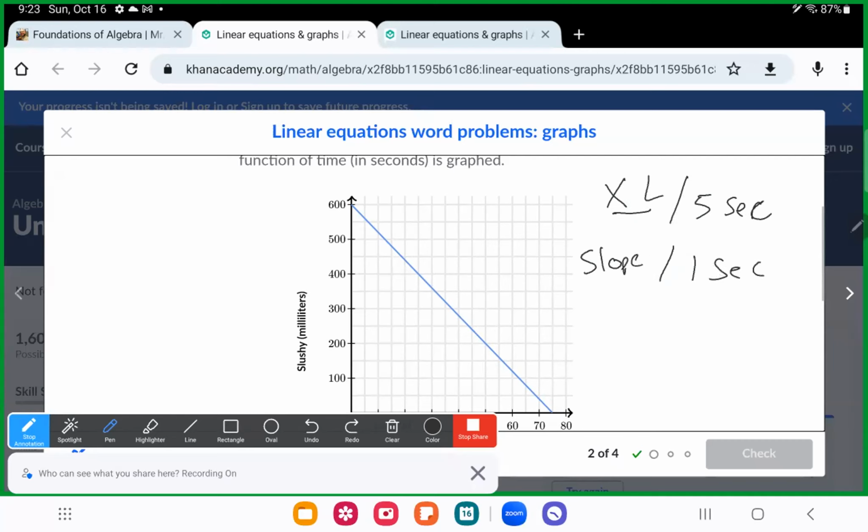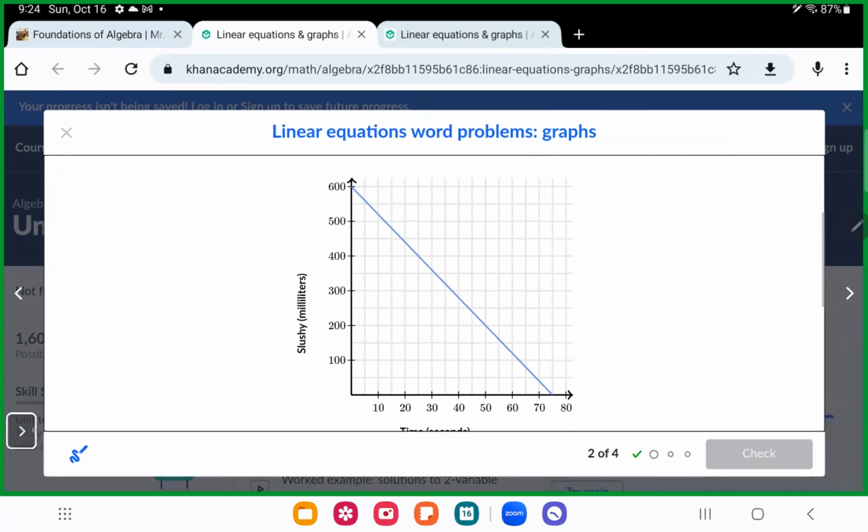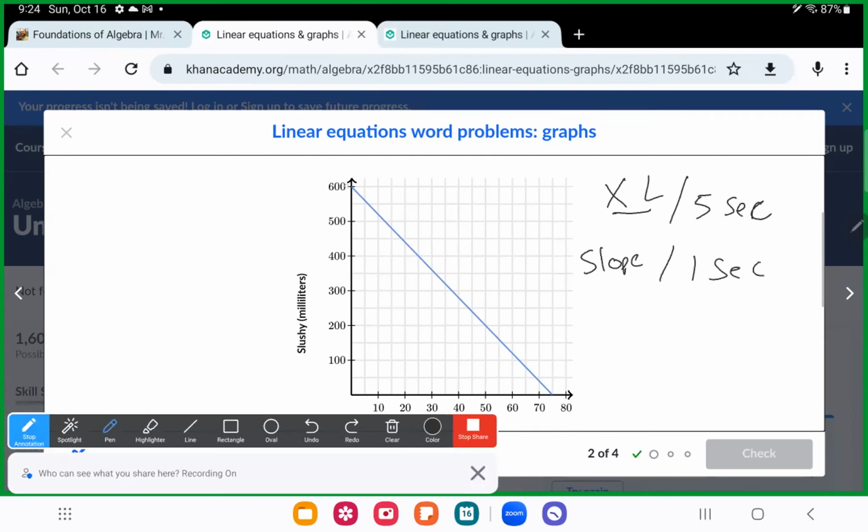All right, so let's find the slope, and then we'll use a proportion to figure out the rest. For the slope, I see that we start at (0, 600). And then the next point is right there, and that is (25, 400).